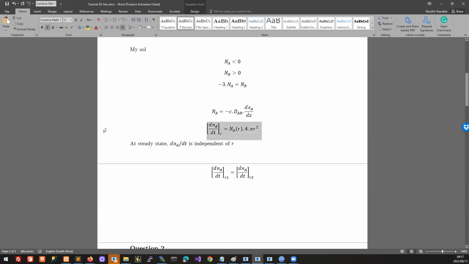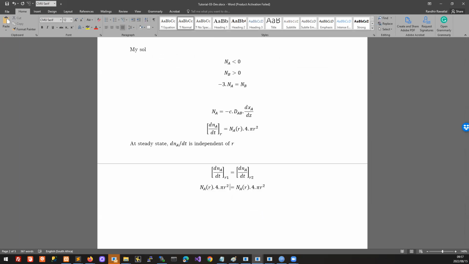So if that's the case, then we can say the molar flux at radial position R1 times the area at radial position R1. So there's the molar flux at radial position R1, and there's the area at R1. That must equal the molar flux at position R2 and the area at R2.